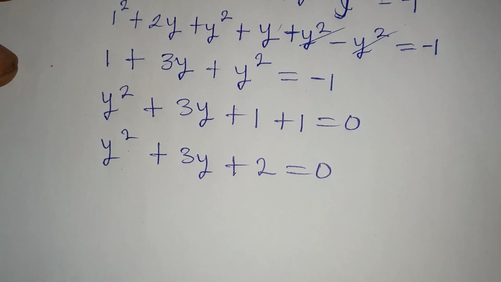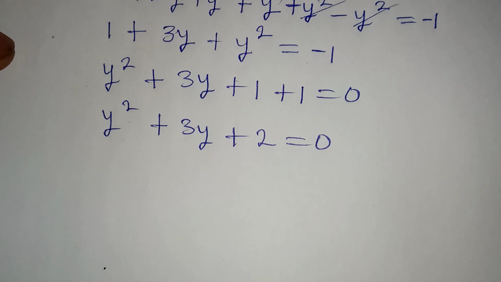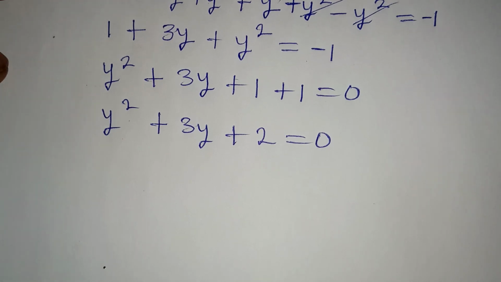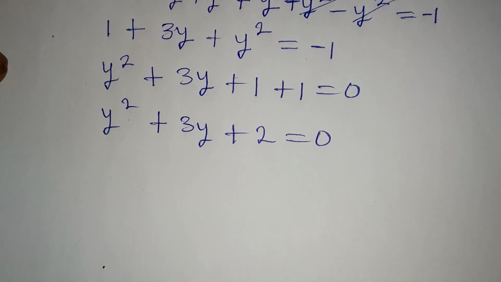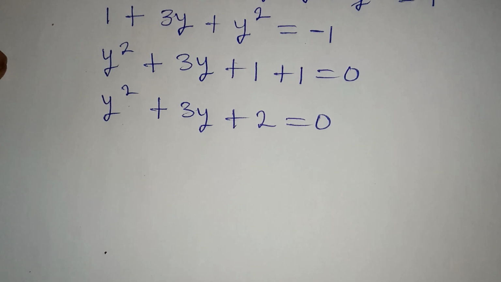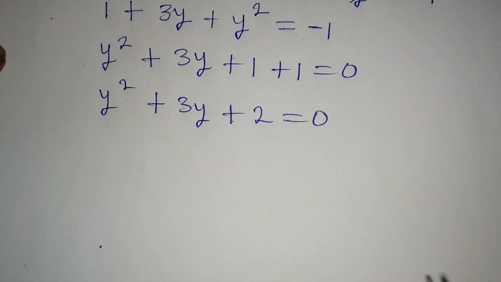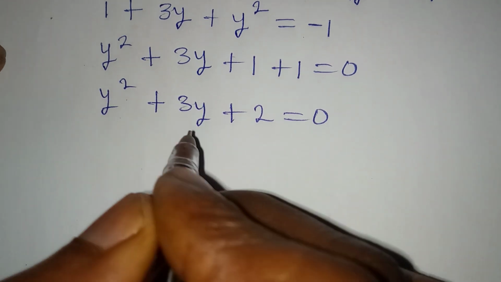And then what again should we do? This is now a quadratic equation, and we are expected to solve this. As a matter of fact, we can solve this by factorization. Can factorization work for this? Let's look into it quickly. Okay, factorization can work. Two numbers that multiply to get 2.